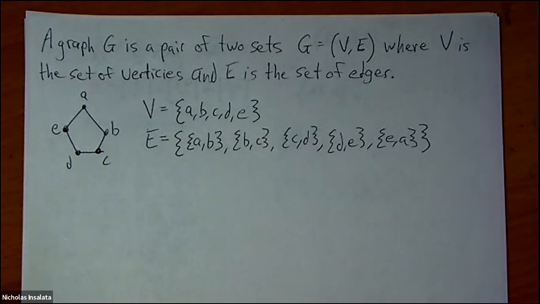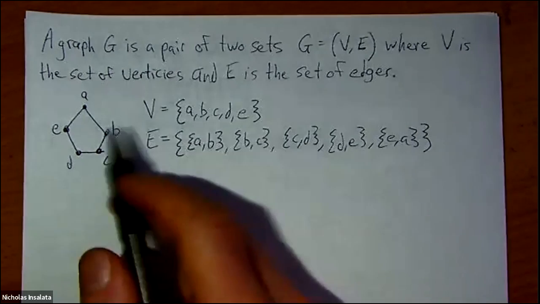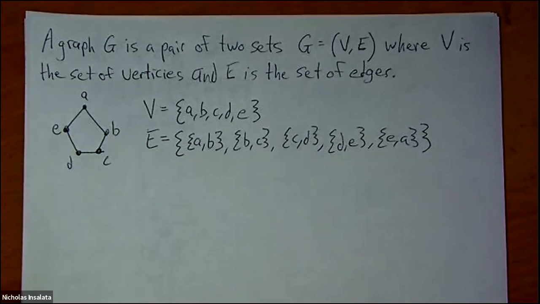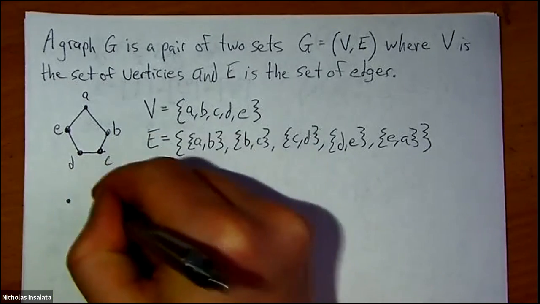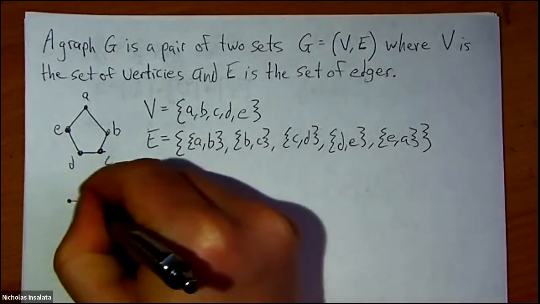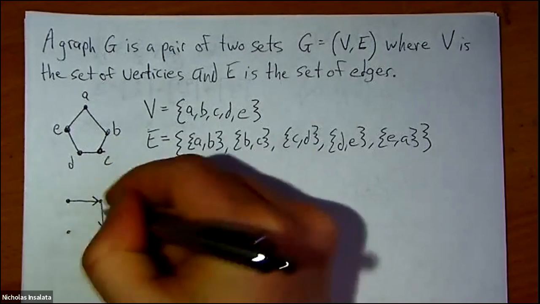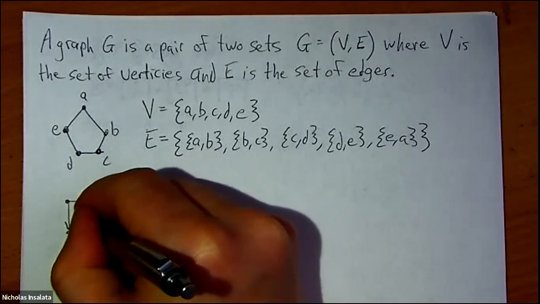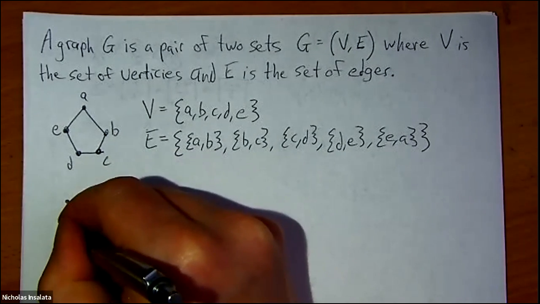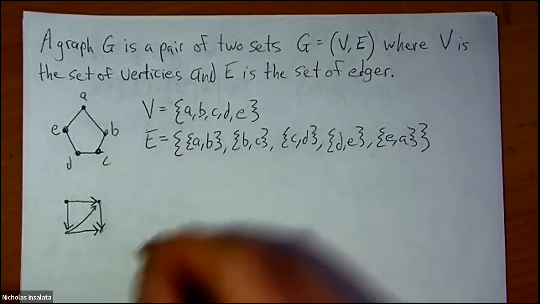Now, there's another kind of graph called a directed graph where there's a direction associated with each edge, right? So, for example, if I had this situation, okay?